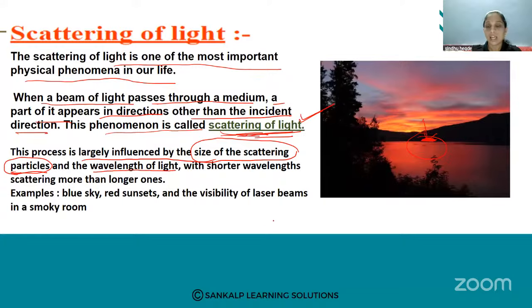We know that, in yesterday's class, we learned the dispersion of 7 colors, right? Each color has a different wavelength. So here also, when the light hits the different size of particles, how that light spreads depends upon the wavelength of the different colors of light.